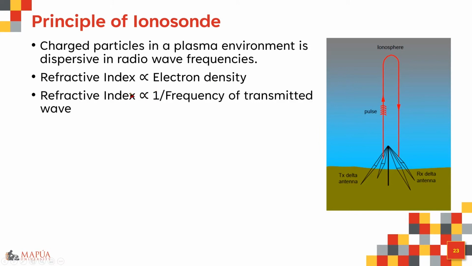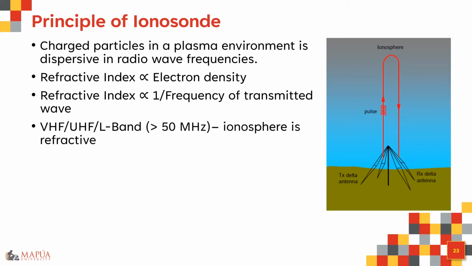Also, the refractive index varies inversely with the frequency being transmitted. So what does it mean? It means that if you have a lower frequency, the refractive index is higher for that specific frequency. So lower frequencies can be easily reflected through the process of total internal reflection by the ionosphere.